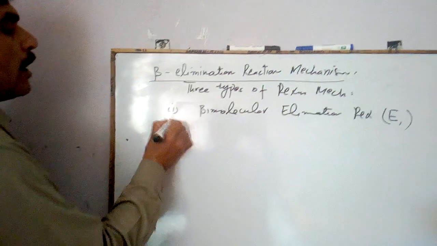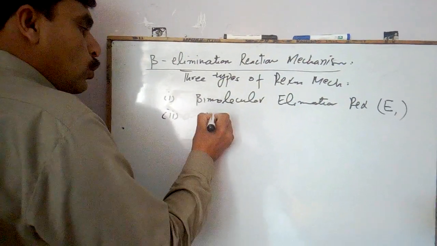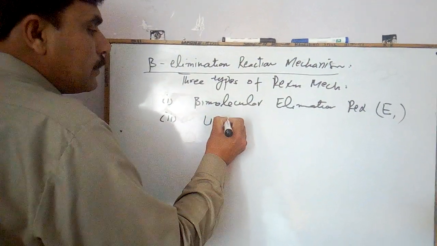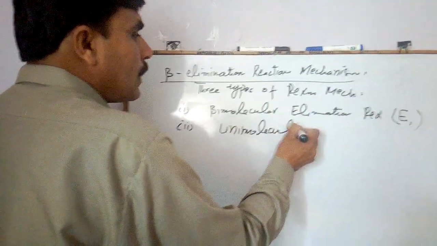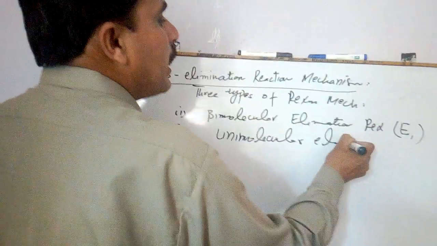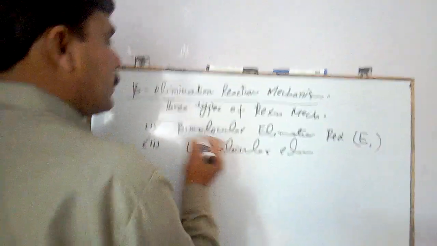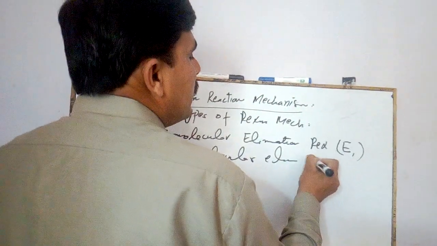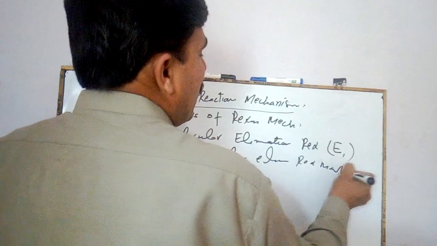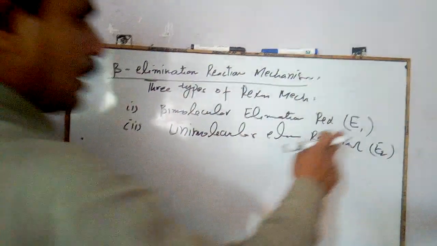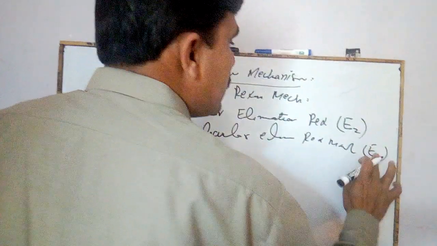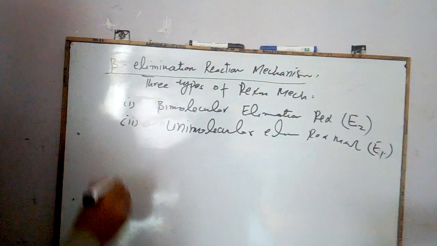The second one is the unimolecular elimination reaction mechanism, which is E1. So this is E2 and this is E1 reaction mechanism.